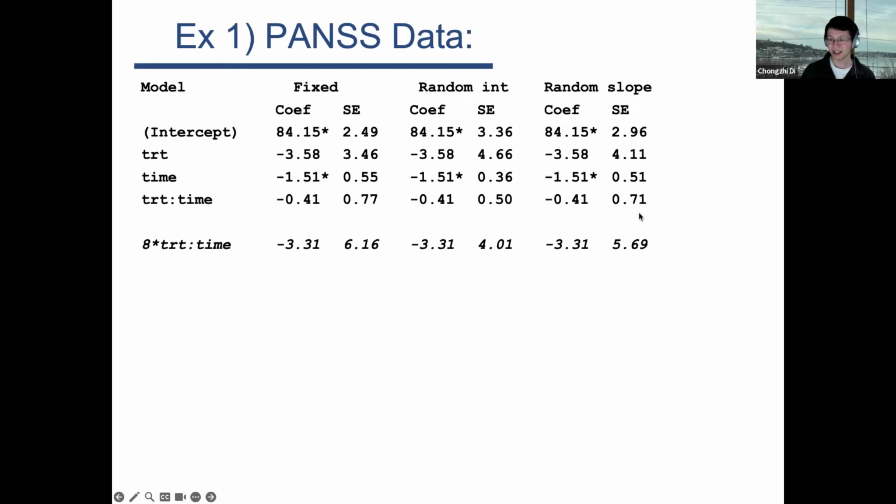That reflects the fact that even if you ignore correlation, or use the wrong random effects, you actually get correct estimates for your parameters for continuous data. But what you do notice is that the standard errors are different: 0.77, 0.5, and 0.71. The difference results from their different assumptions about the correlation structure.